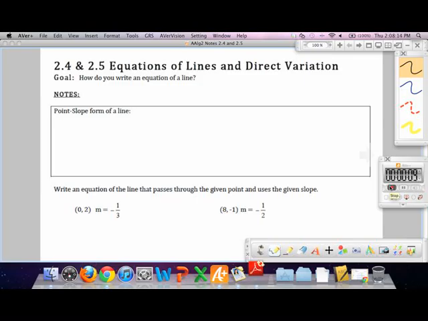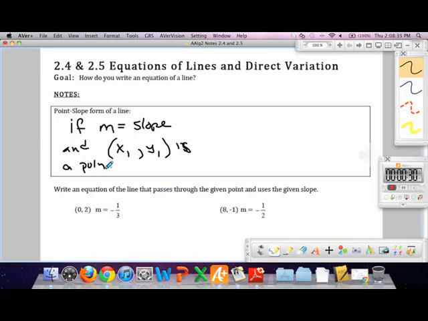It says that the equation of a line should be given by, if m is the slope and x1, y1 is a point on the line, then this formula will tell us the equation of our line. Y minus y1 is equal to the slope times x minus x1.